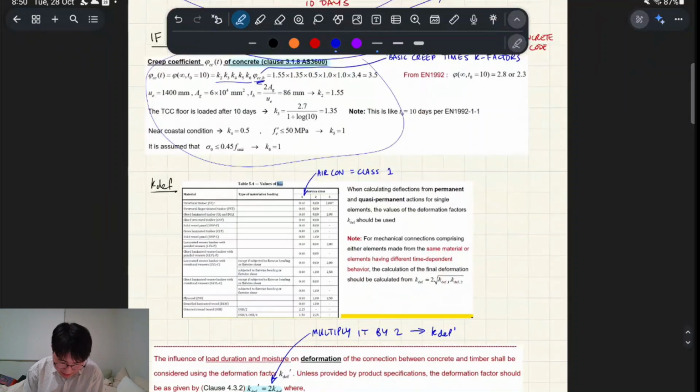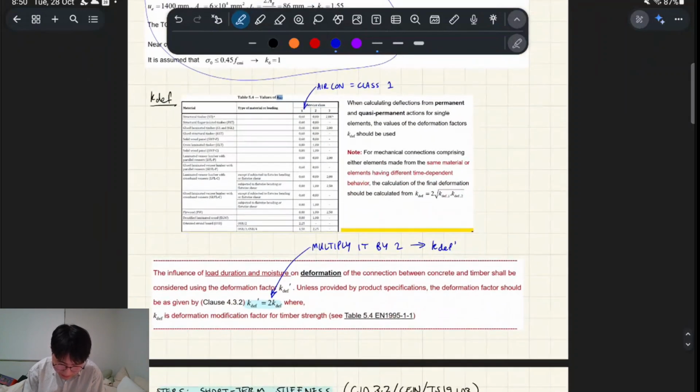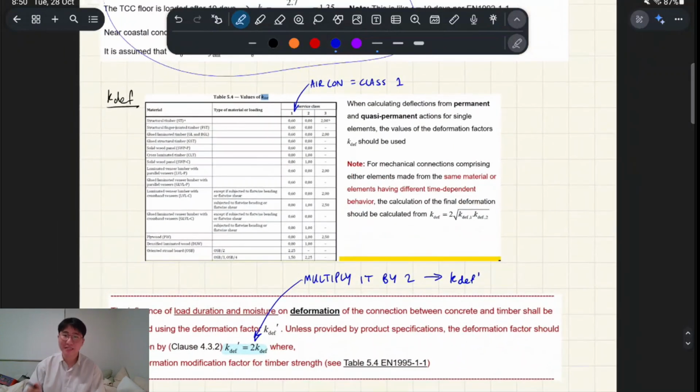And yeah, that's all of that. Okay, so Kdef is basically the creeping factor for timber, and it's located in the Eurocode.